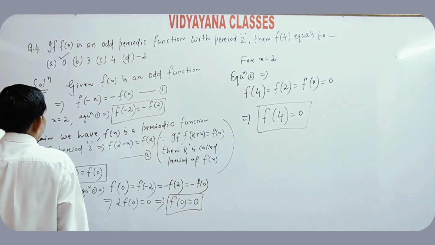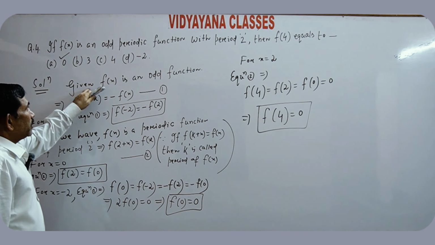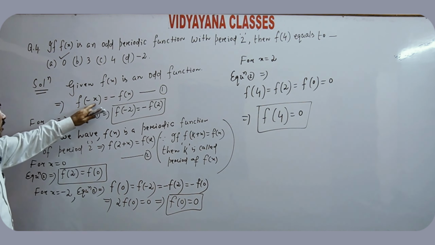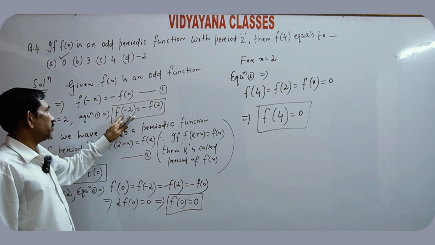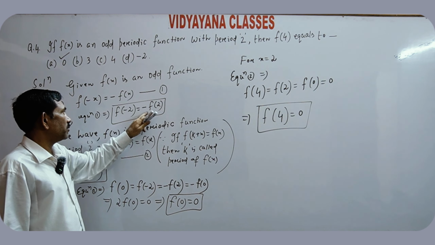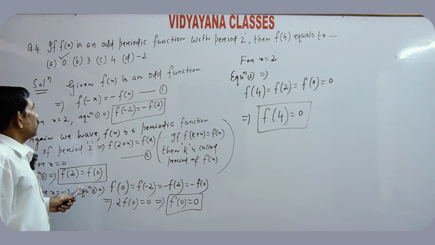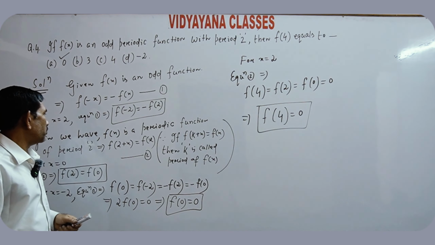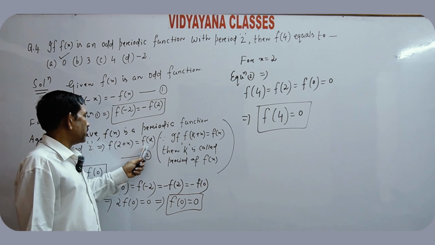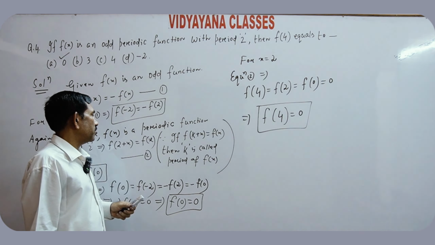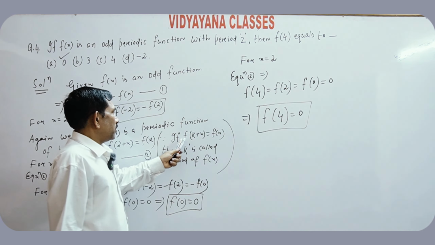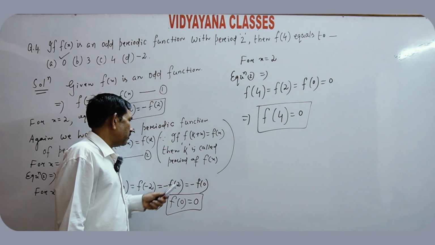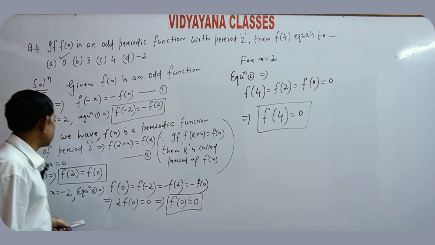Once again, f(x) is an odd function, that means f(minus x) is equal to minus f(x). For x equal to 2, it gives f(minus 2) is equal to minus f(2). Again we have f(x) is a periodic function of period 2, f(2 plus x) is equal to f(x), since if f(k plus x) is equal to f(x), then k is equal to the period of f(x).